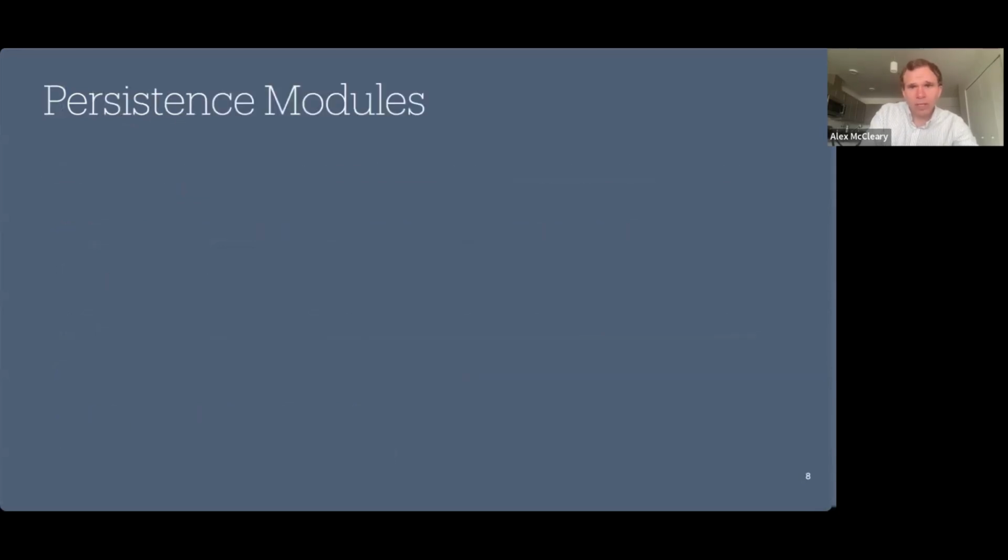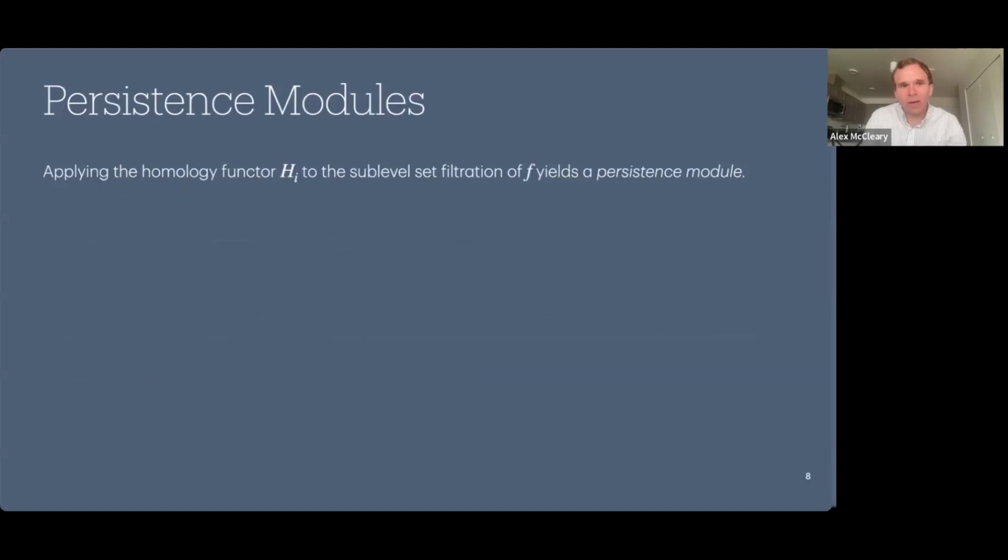Okay, so let's get to persistence modules. For some of you, this will be review, but I'd like to go over it at least in brief anyway. The way persistence modules typically arise is by applying a homology functor to a filtration. So this gives what's called a persistence module.